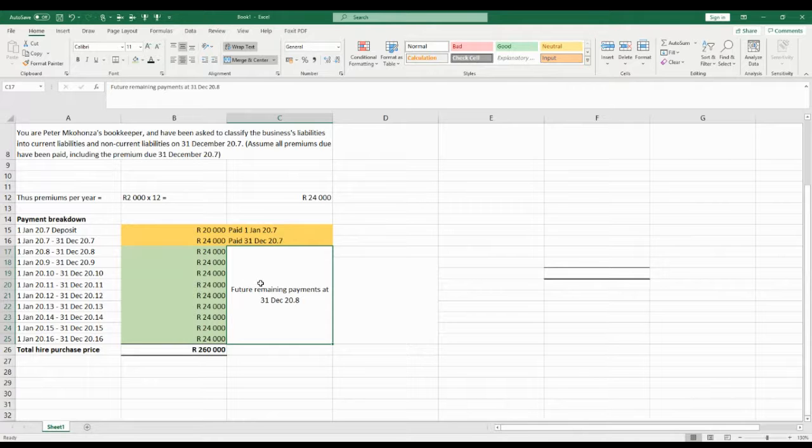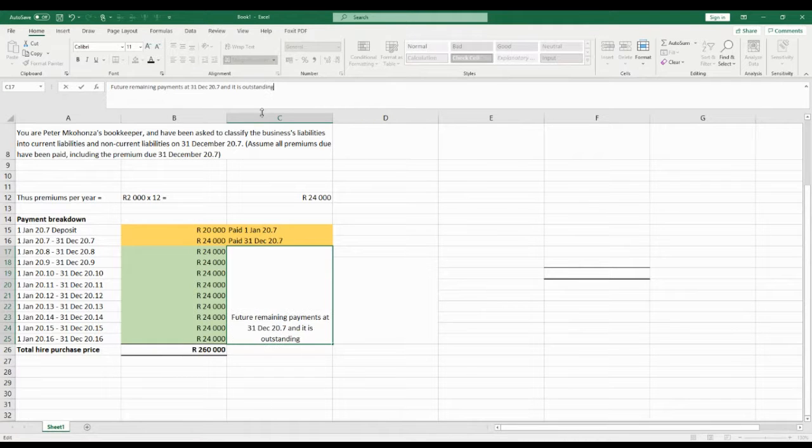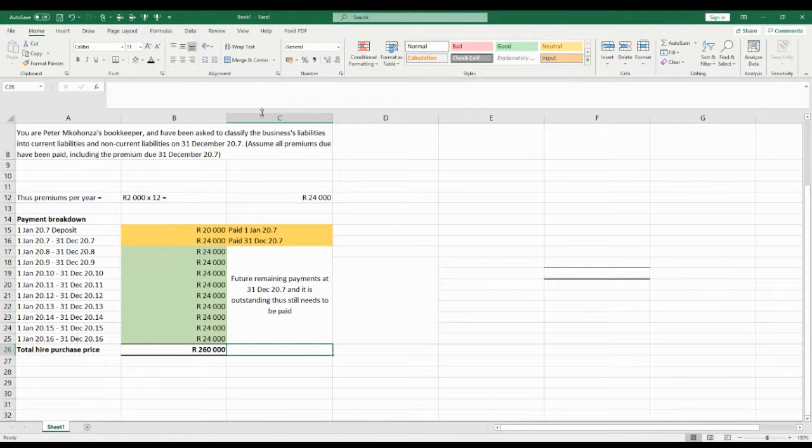So that's the remaining future payments as at 31st December 2007, and it is outstanding. So it still needs to be paid.